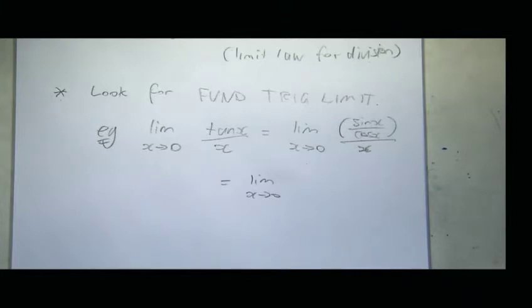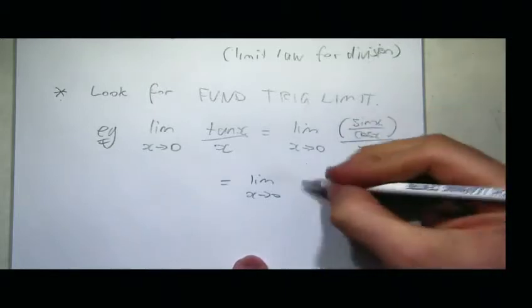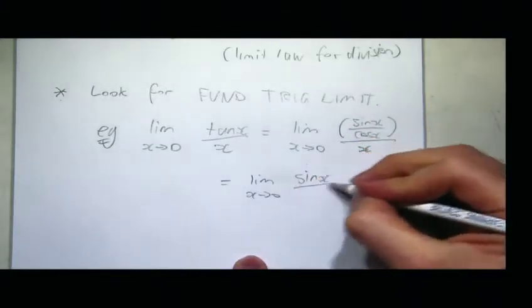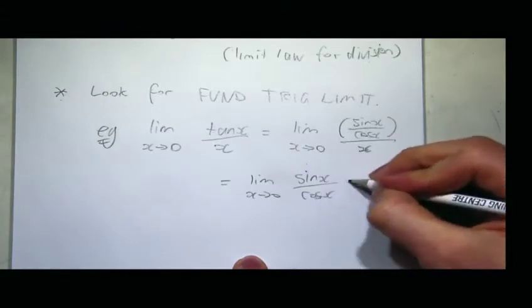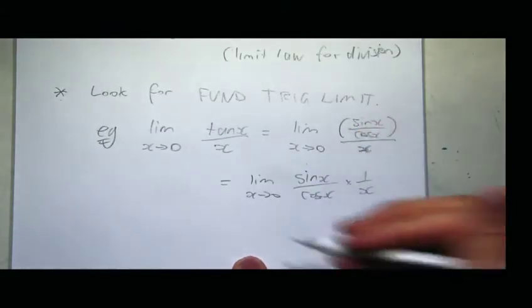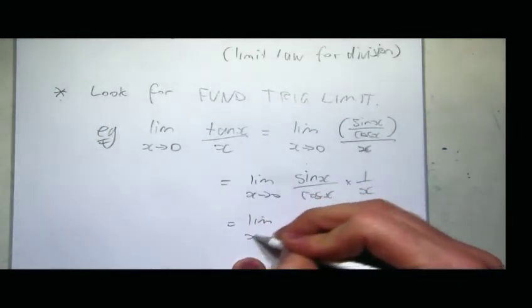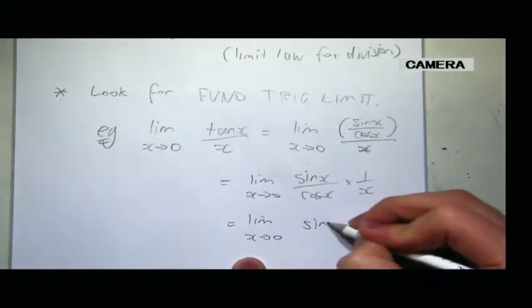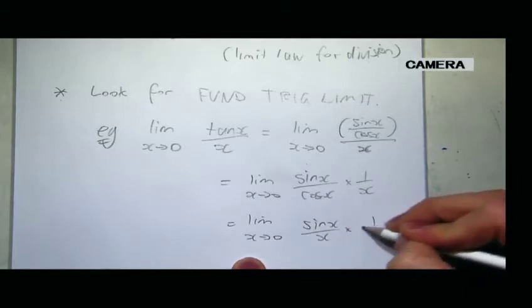There are two ways to deal with it. One is to multiply the top and the bottom by cos x, and the other one is just to know how fractions work. Sin x over cos x times 1 over x, that's the other way of doing it as well. Dividing by x is the same as that. And so I get sin x over x times 1 over cos x.